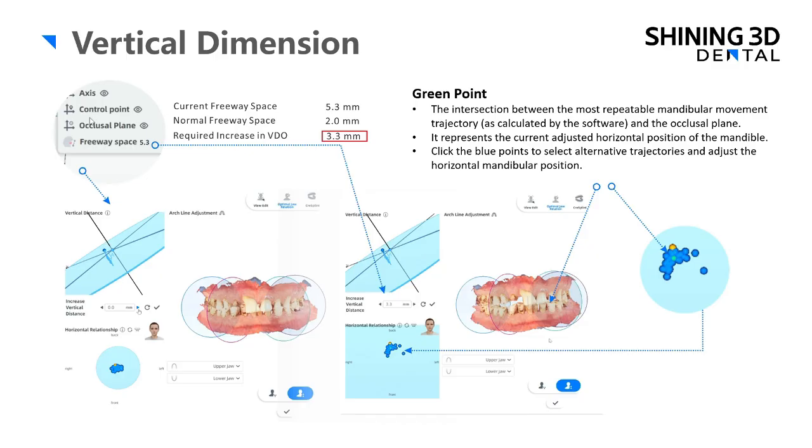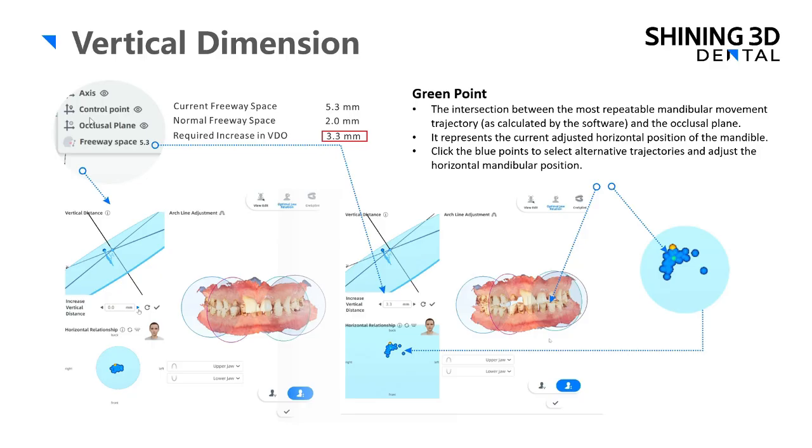We get the Freeway space for this patient is 5.3 millimeters, which means it's not healthy because the normal range is 2.0, so we can use 5.3 minus 2.0 millimeters. We get the distance we need to increase, that is 3.3 millimeters, and we can type in 3.3 on the left side of the interface here, as you can tell from the screenshot underneath it.